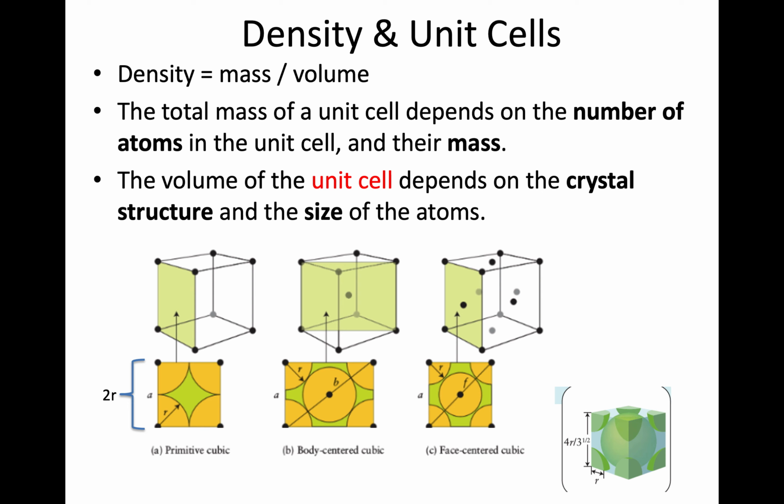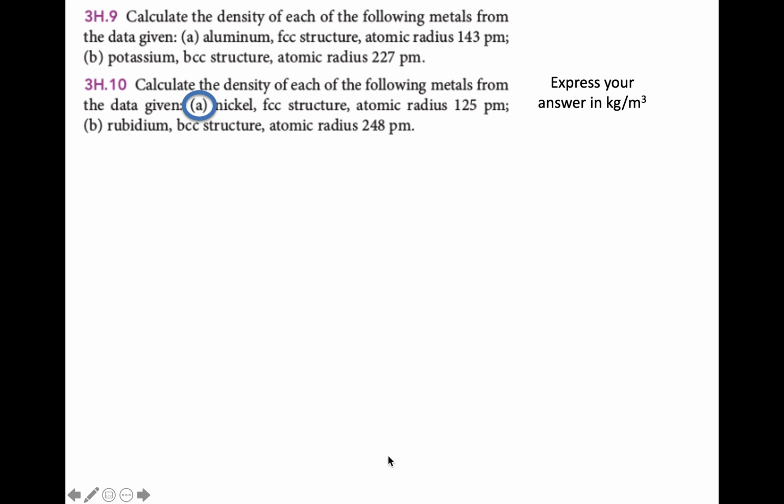We want to think about the spheres and how they're arranged. Are they touching along an edge? Are they touching along the diagonal of a face? We want to consider how they're touching and use that to calculate the volume. So let's see how this applies if I'm looking at an element like nickel.